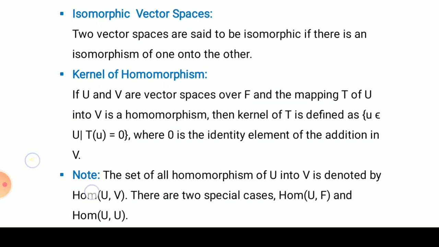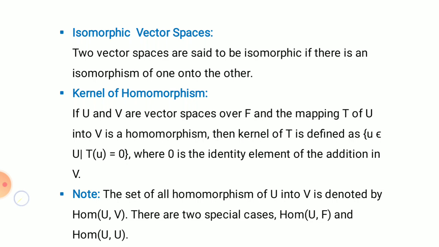Remember that Hom(U,V) means the set of all homomorphisms from vector space U to vector space V. There are two partial cases depending upon the values of U and V. If we consider the set of all homomorphisms from vector space U to field F, it is denoted by Hom(U,F). The next case is Hom(U,U), that means the set of all homomorphisms from vector space U to itself.